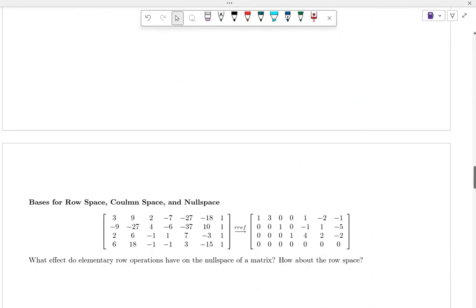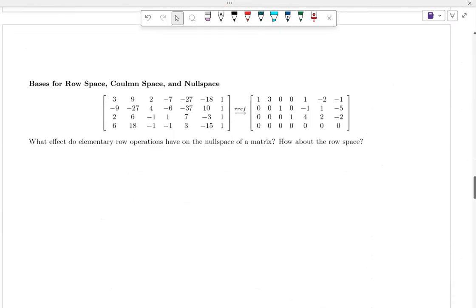All right. Let's go back to this example, but in the context of looking at what's happening when we do elementary row operations. Now, I literally wrote down the exact same matrix that I row reduced.